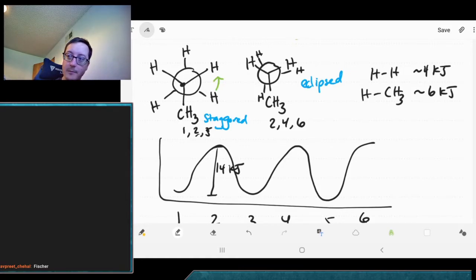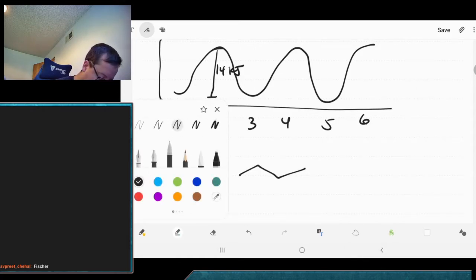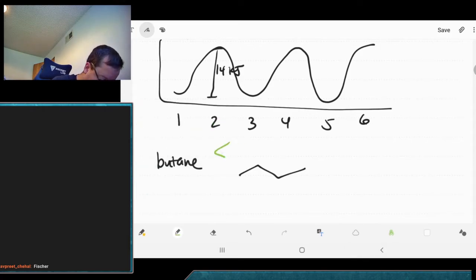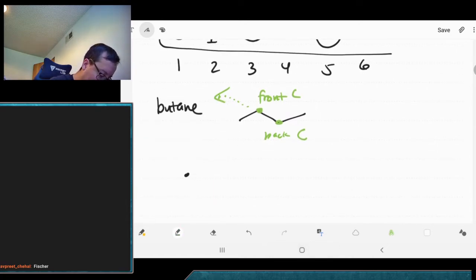Let's look at butane. Butane will be more fun. Let's do the same thing. Eyeball. Looking at front carbon, back carbon. Our front carbon, we have a methyl group pointing down.